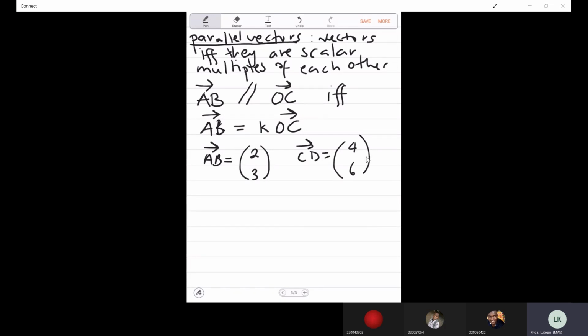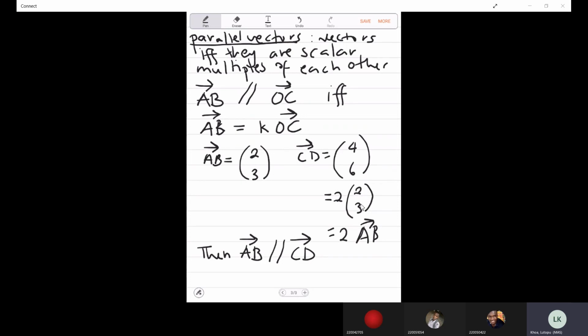Now, because I can rewrite CD as 2 times (2, 3), this is just 2 times AB, then AB is parallel to CD.